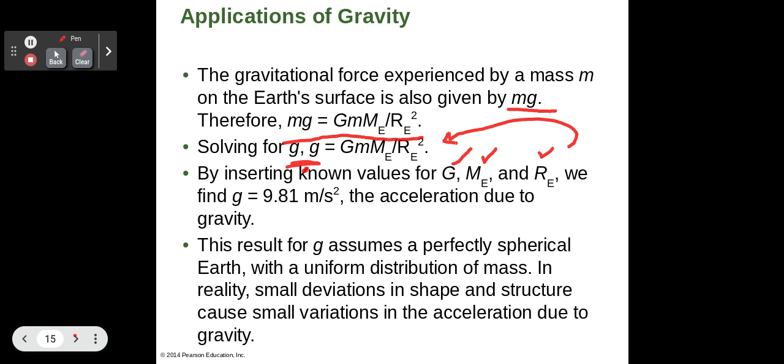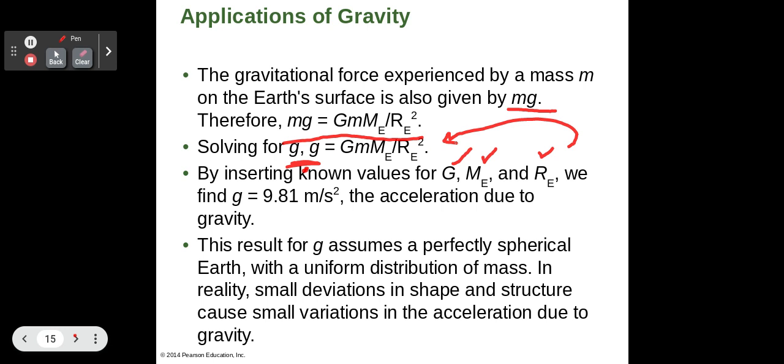Now, this g is assuming that the Earth is perfectly spherical and has a uniform distribution. We know that's not true. We also know that the calculated value for g changes depending on where you are. If you're on top of Mount Everest, you're going to have a different, smaller value for g, compared to if you are in New Orleans, which is below sea level.